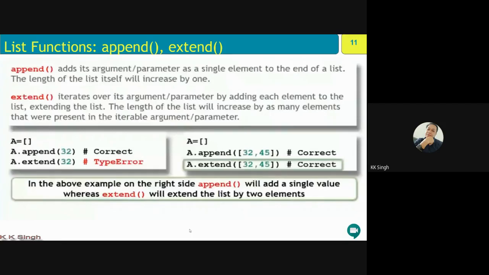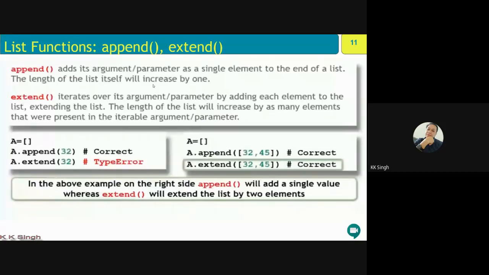So see here, the explanation of append: it adds its argument as a single element to the end of the list. The length of the list itself will increase by 1. If you append any single value to the list, its length will automatically be incremented by 1.